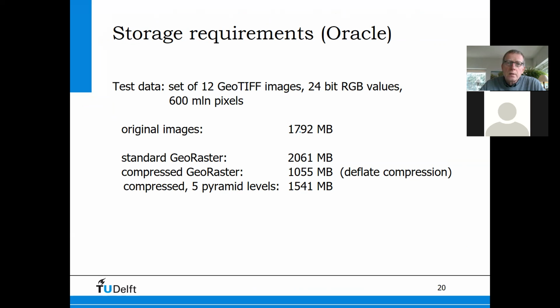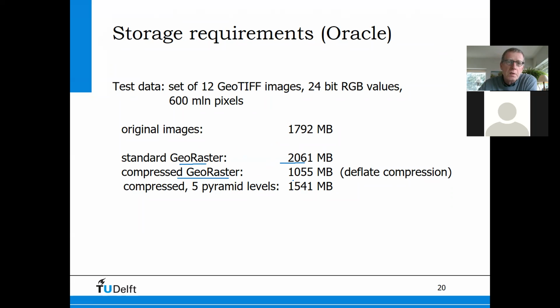Storing these 1.8 gigabytes in GeoRaster in the database resulted in a 2.0 gigabyte storage. And so some increase. And this is what I meant in the beginning with some overhead. However, you can use the compression option in Oracle on the GeoRaster, and then the size is about halved.